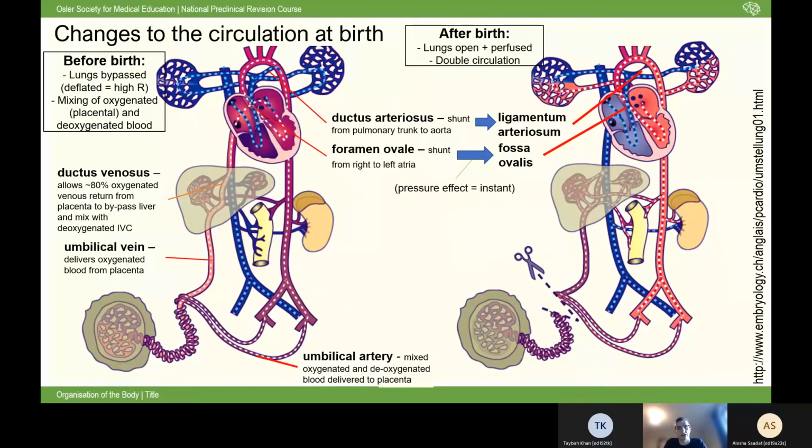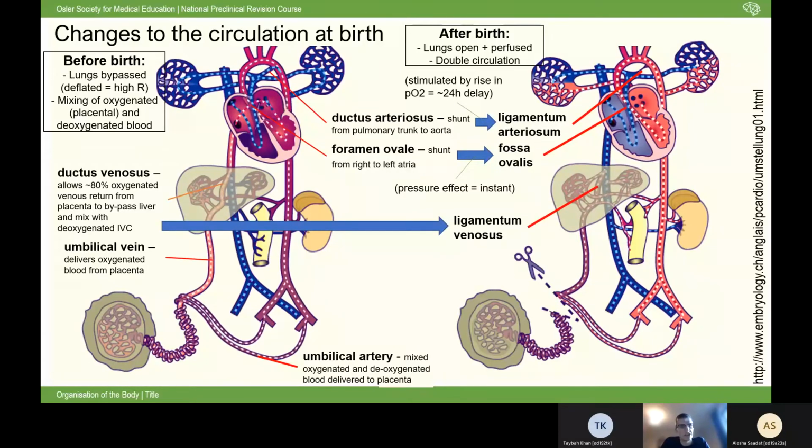that communication. Similarly, the ductus arteriosus also degrades and persists as this remnant ligament, and that is due to the changes in PO2. It's kind of a HIF, hypoxia-inducible factor type signaling pathway, but that stops the shunting of blood from the pulmonary trunk into the aorta.